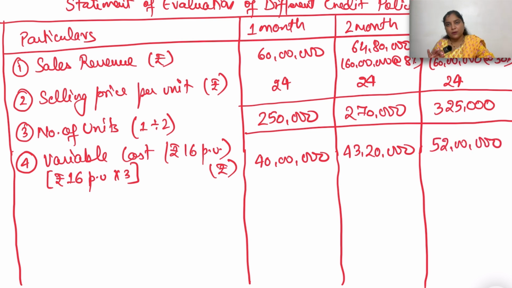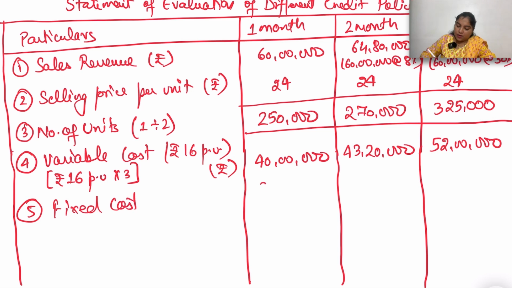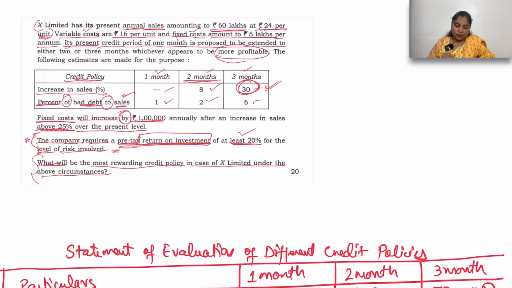Okay, you got variable cost, and you know that we have a fixed cost. Fixed cost given in the question is 5 lakh rupees, but do we need to put those 5 lakh in all 3 columns? No. Why? I'm going to tell you. The question mentioned that the fixed cost will increase by 1 lakh annually after an increase in sales above 25%.